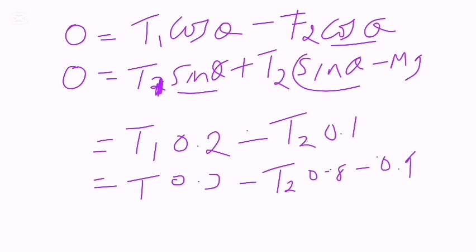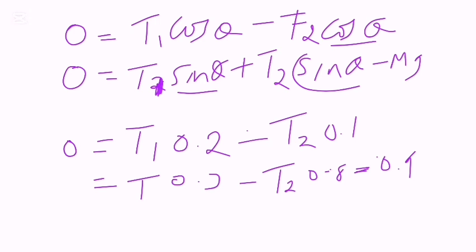Now when you look at this question, you can relate it to simultaneous equations. You know simultaneous equations, right? Yes, you learned this in grade 9, 10, 11, 12. So you have two equations here.